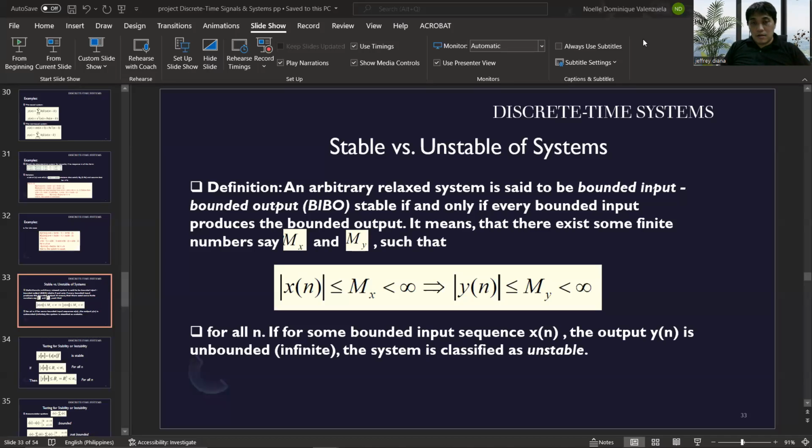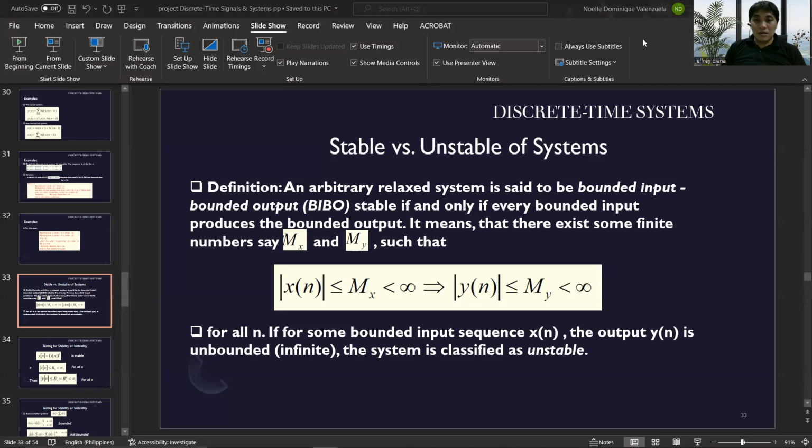So now let's discuss another topic, the stable versus unstable systems. For the definition, an arbitrary relaxed system is said to be bounded input, bounded output, or BIBO stable, if and only if every bounded input produces a bounded output.